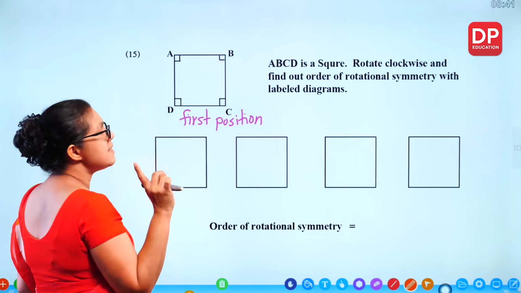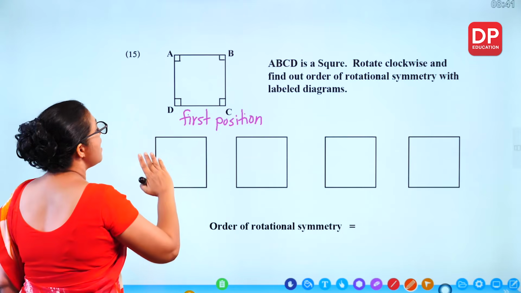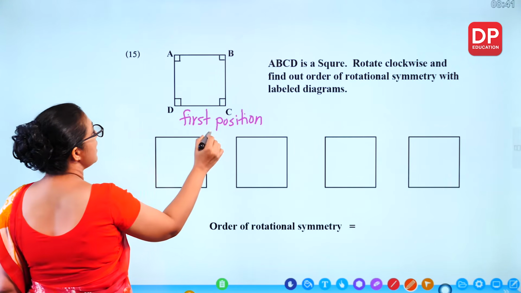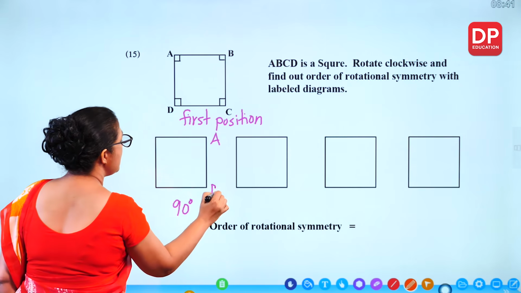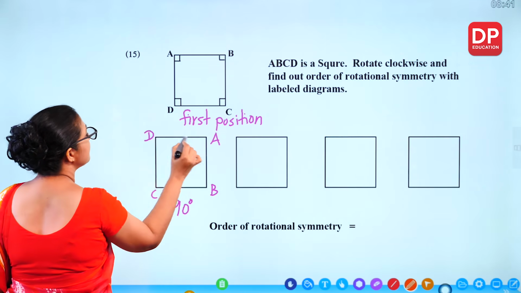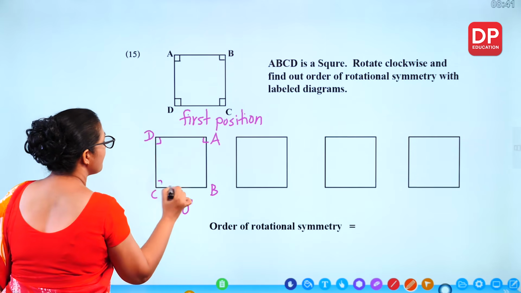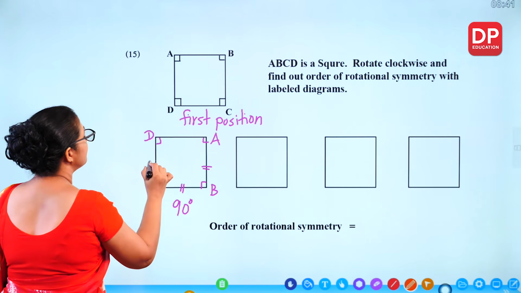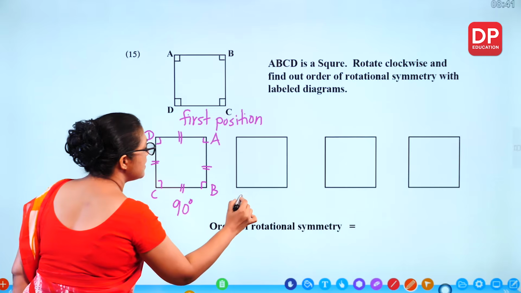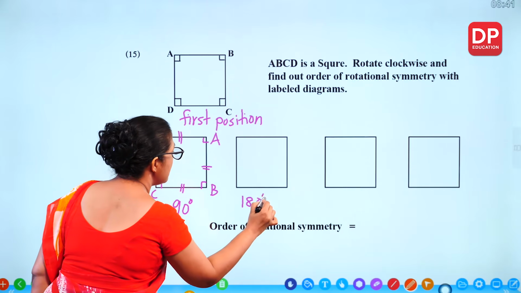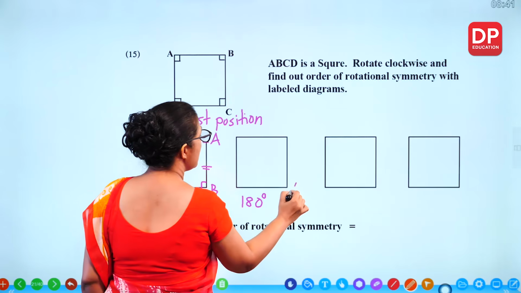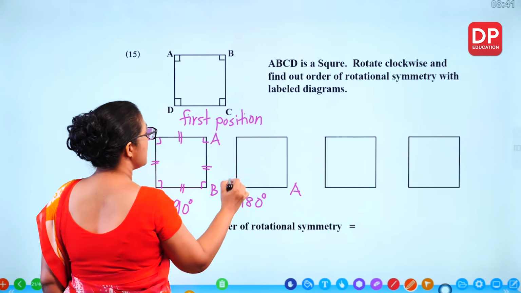The letter order is A, B, C, D. When you take a 90-degree rotation, you get A here, B, C, D like this. Then another 90, that's 180. So A goes here, A, B, C, D.